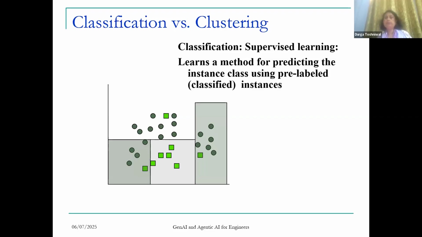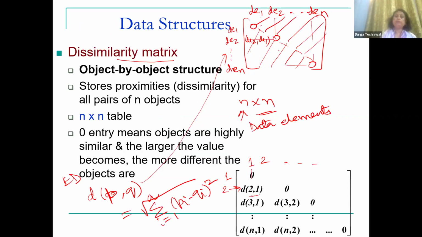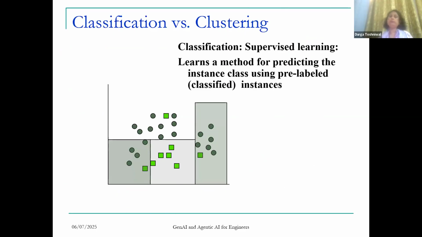So you may or may not require it. I've told you because usually most of the models will be using the dissimilarity matrix only. However, you should know that there are two ways to represent the data.